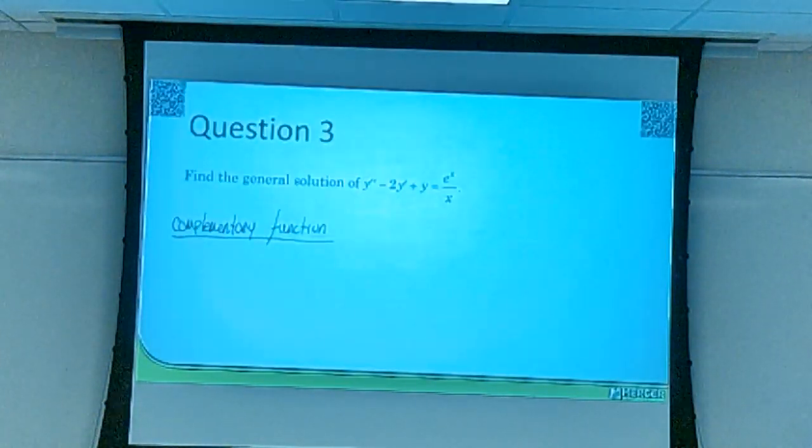How big is this going to turn out to be? Doesn't look like this would be too bad to do by hand. So let's try and do this one by hand. What's our auxiliary equation? Which factors?